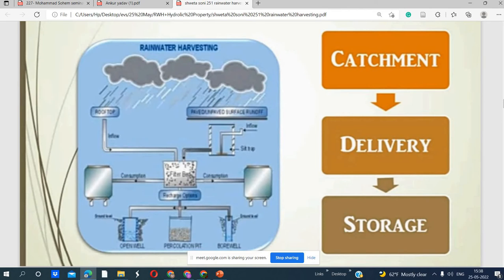First we catch the water through pipelines and rooftops, then we deliver it to the storage tanks, from where we purify it and use it for basic needs. Next slide.